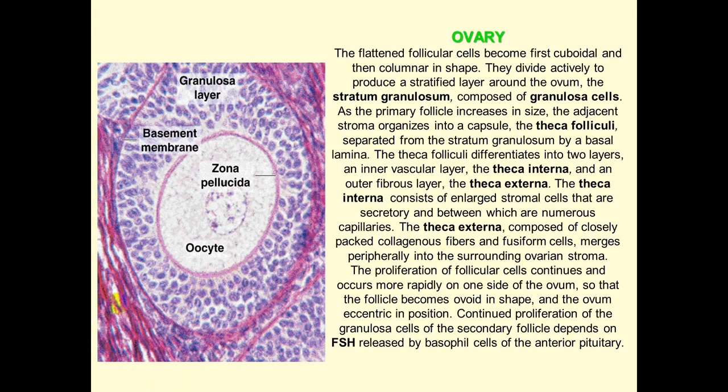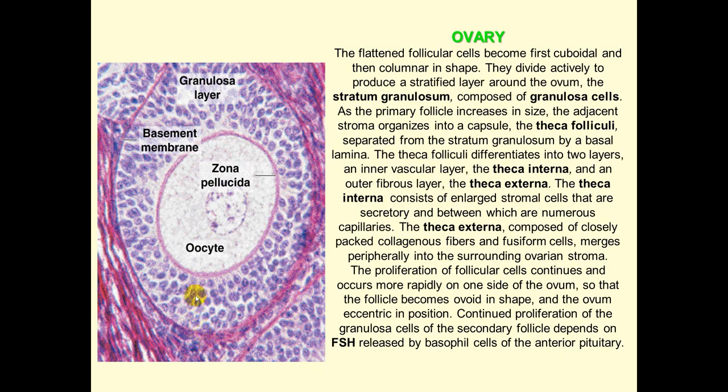These granulosa cells form several layers, the so-called granulosa layer. And also the basal lamina, because epithelial cells need a basal lamina. That's why: granulosa, theca interna, and theca externa.